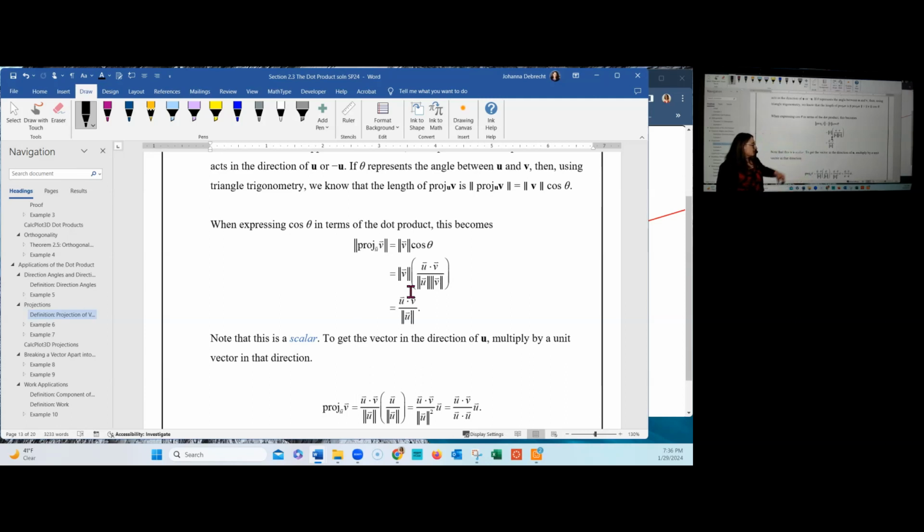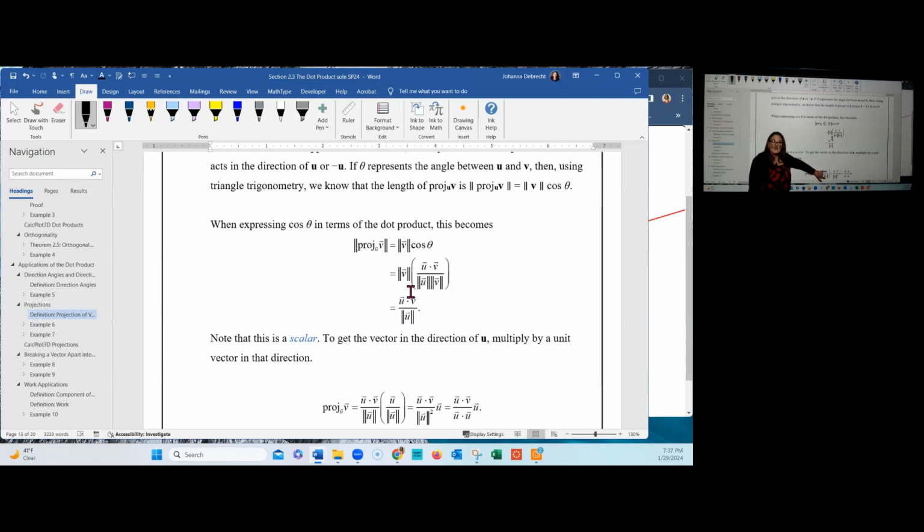It is a scalar. Now, to get the vector that's in that direction, I take the scalar and multiply it by a unit vector in the direction of u or negative u, depending on the size of the angle in between. So how do I get a unit vector in the direction of u?